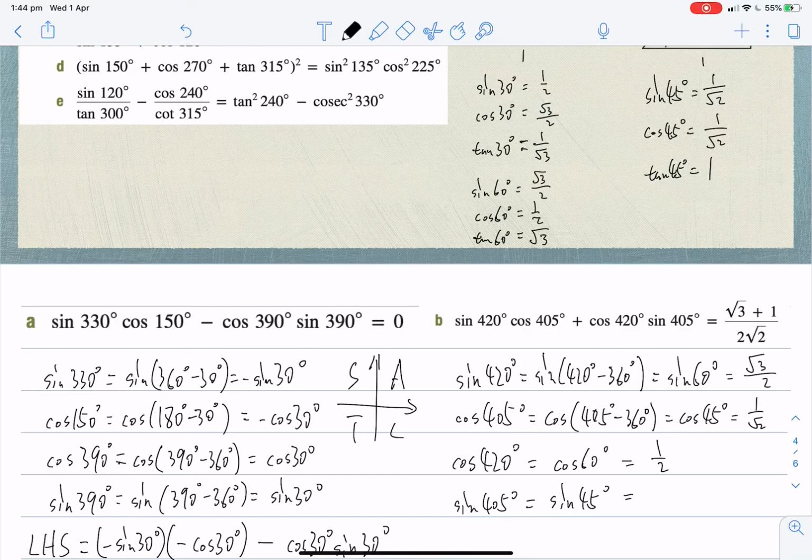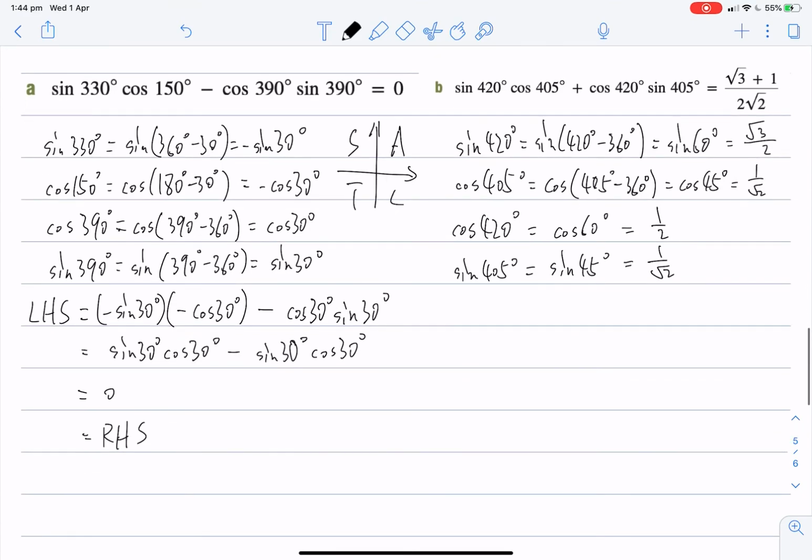Sine 45 is 1 over square root of 2. So by substitution, the left hand side equals square root of 3 over 2 times 1 over square root of 2, plus 1 over 2 times 1 over square root of 2.